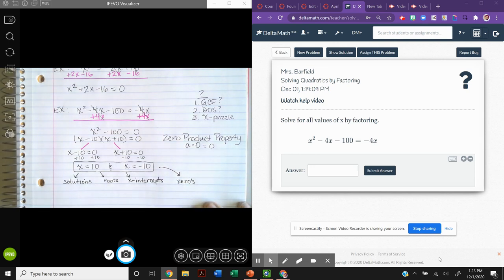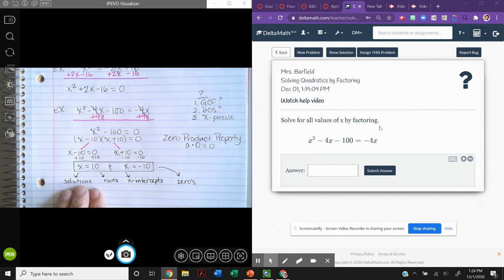So the question here for Delta Math could have said solve for all solutions of x by factoring, solve for all roots by factoring, solve for all x-intercepts by factoring, or solve for all zeros by factoring, because these all mean the same thing.